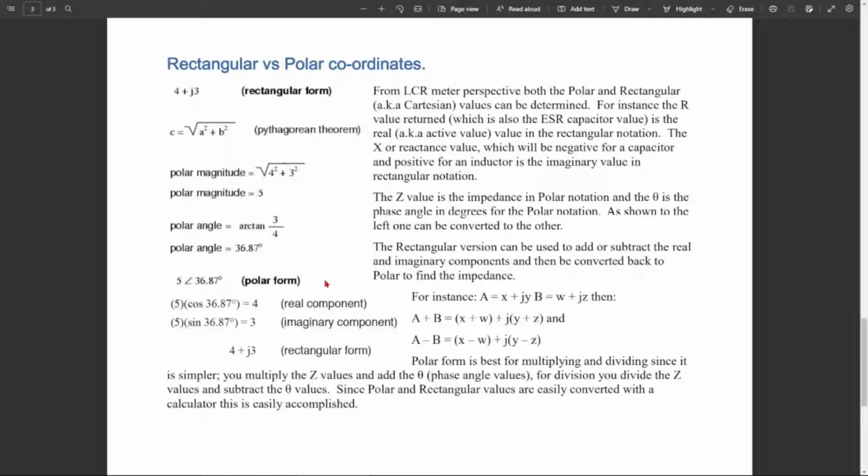And most scientific calculators nowadays have polar to rectangular and rectangular to polar conversions that you can use to convert one to the other, which can be handy if you're analyzing a circuit.